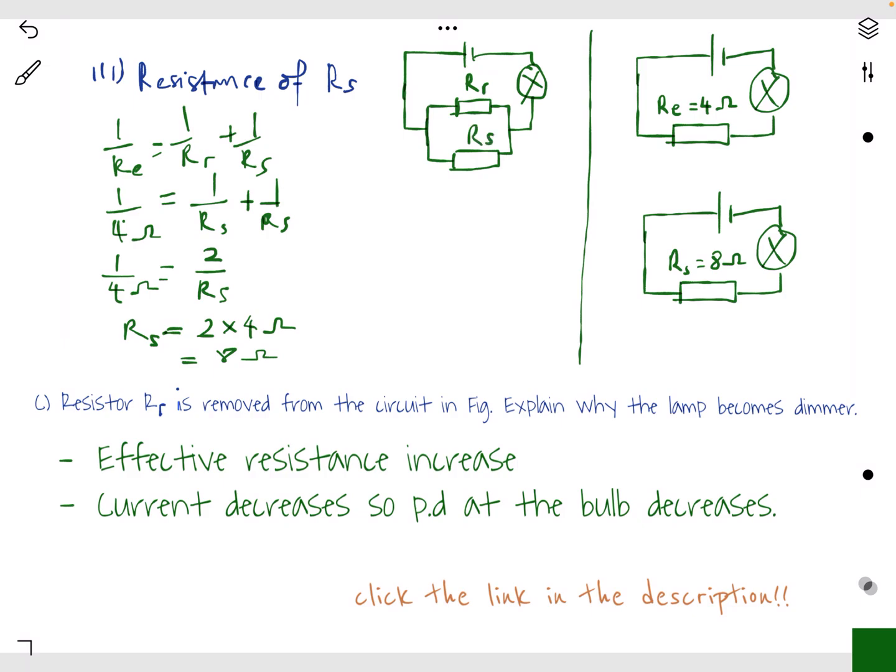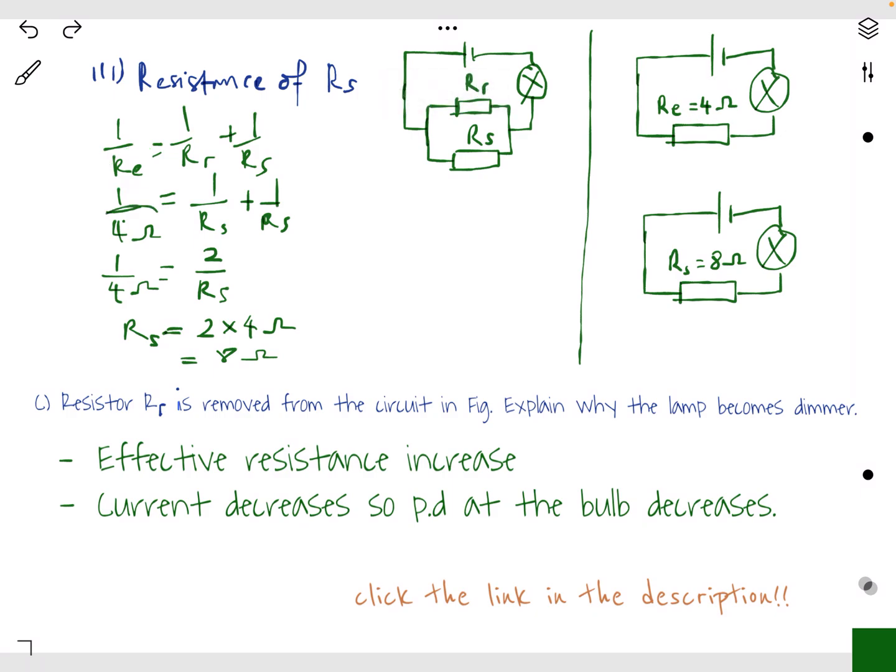As I mentioned earlier, the two resistors are identical, so this means that the values of R and RS are the same. So when you write into the formula, you can change this one to be RS.